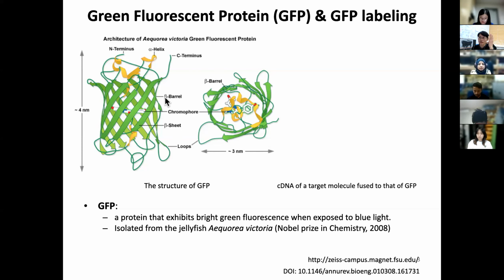The beta sheets form an interesting barrel which protects this fluorophore. That's why green fluorescent protein is so powerful. Whenever you put it into cells and it expresses, it doesn't get affected too much by the external environment, so it's quite stable. And as all proteins have a C and N terminus, you can find them in this structure.